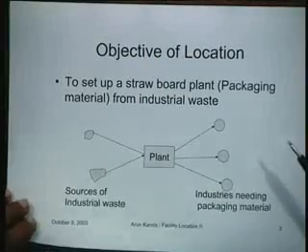Now, in order to conduct this study systematically, interviews were carried out with the plant managers and with various other people in the organization to identify the various factors that they considered important for this particular decision.